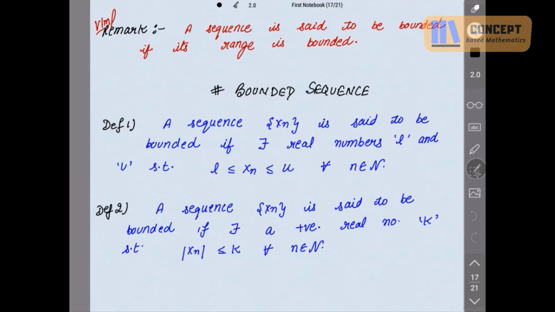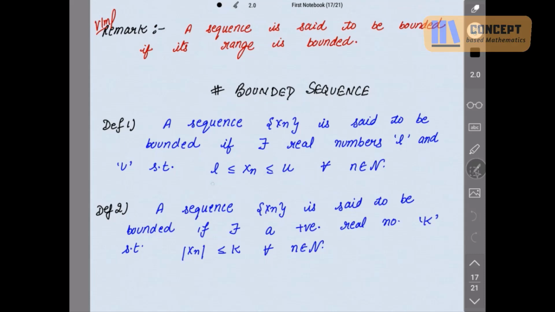Now what is a bounded sequence? The first definition is: a sequence xn is said to be bounded if there exist real numbers L and U such that L is less than or equal to xn less than or equal to U. That means if you have this element in your sequence, then L is your lower bound and U is your upper bound.